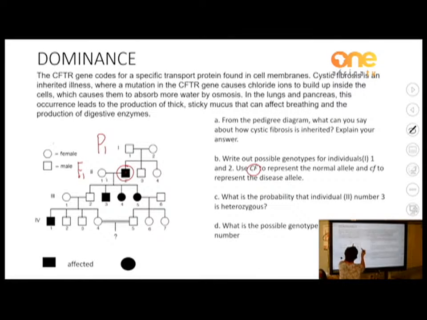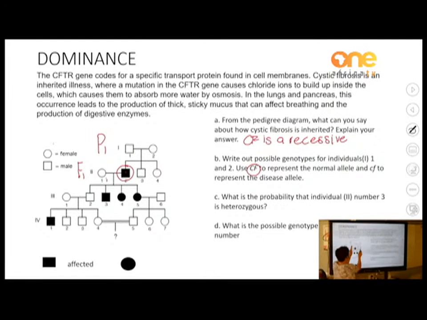So I will say cystic fibrosis is a recessive allele. My answer is 1 out of 3 offspring contains the disease, and even though the parents are both not affected, they do have an affected offspring.